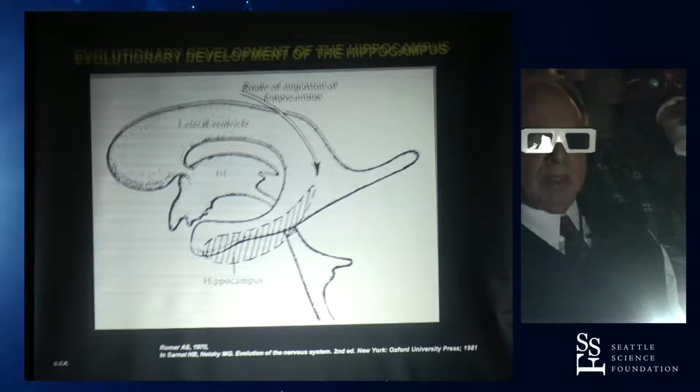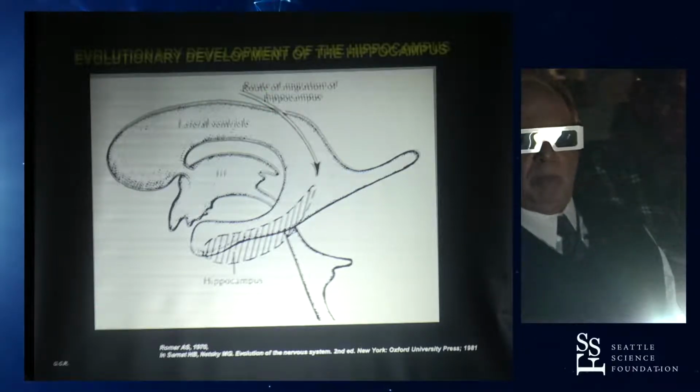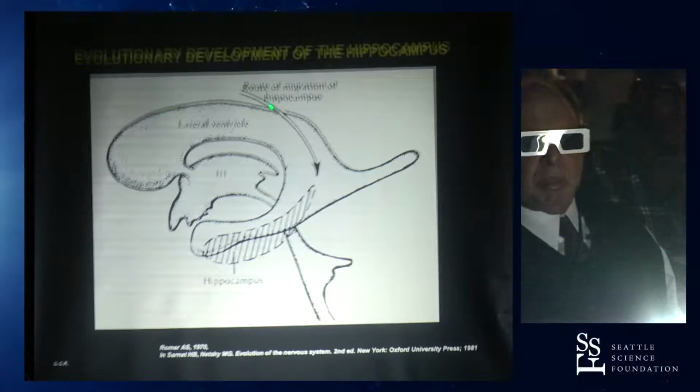And let's know that the hippocampus was at the top of the very old brainstem. And then it did slip throughout evolution and ended at the bottom of the inferior horn, the temporal horn.